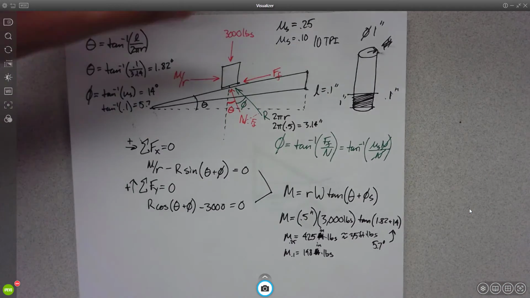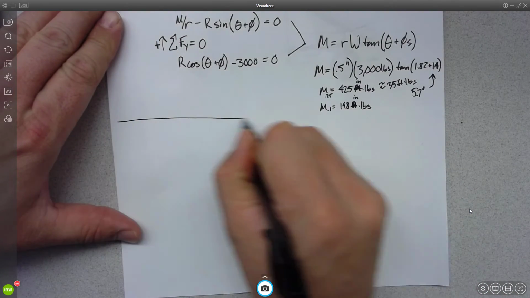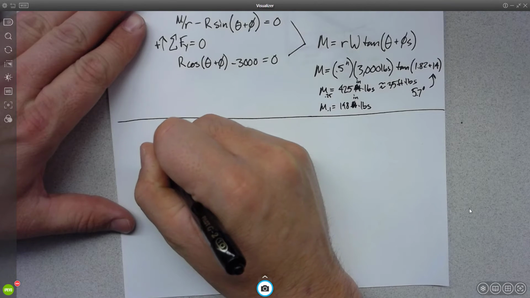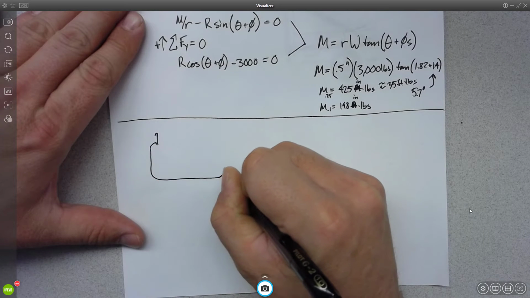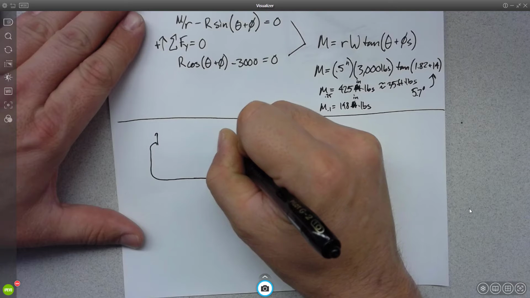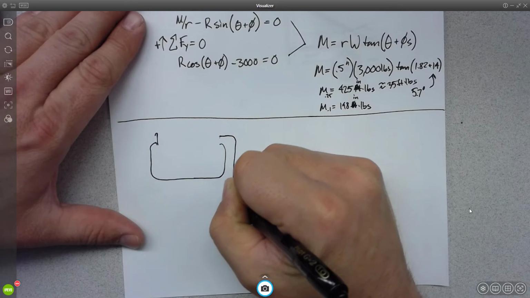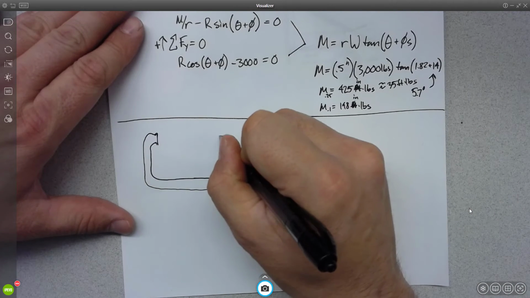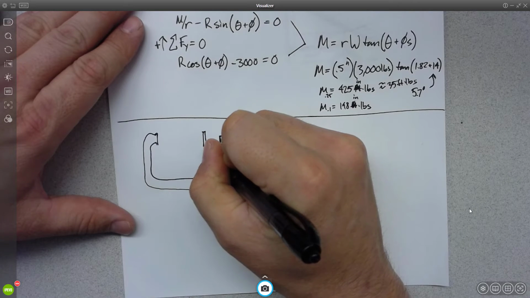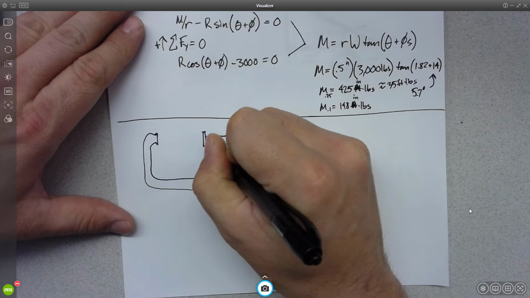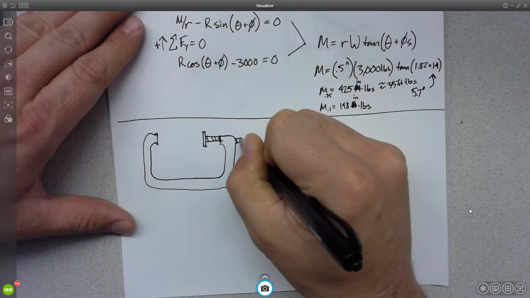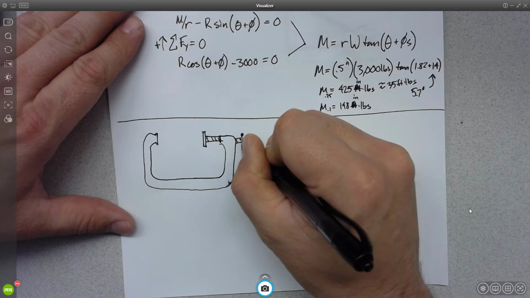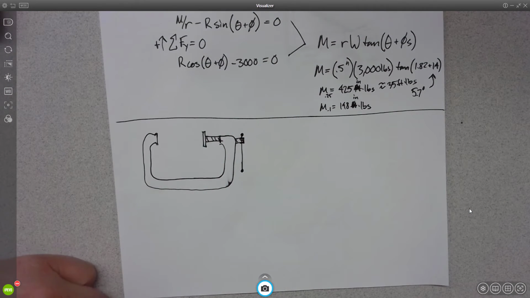Screws. All right, I'm going to give you another problem then. Let's think about this. All right, this is a C-clamp.